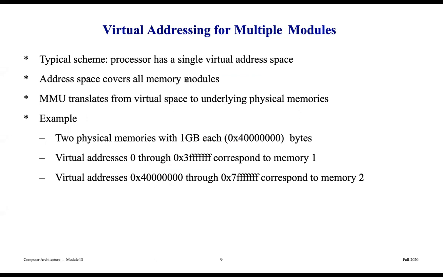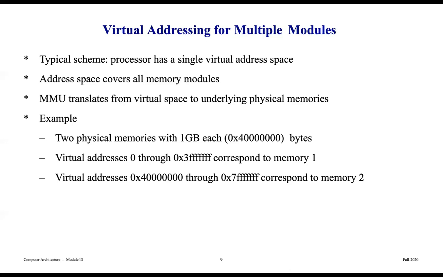Well, how about virtual addressing for multiple modules? The typical scheme is that a processor has a single virtual address space. The address space covers all memory modules. The memory management unit translates from the virtual space to the underlying physical memories.